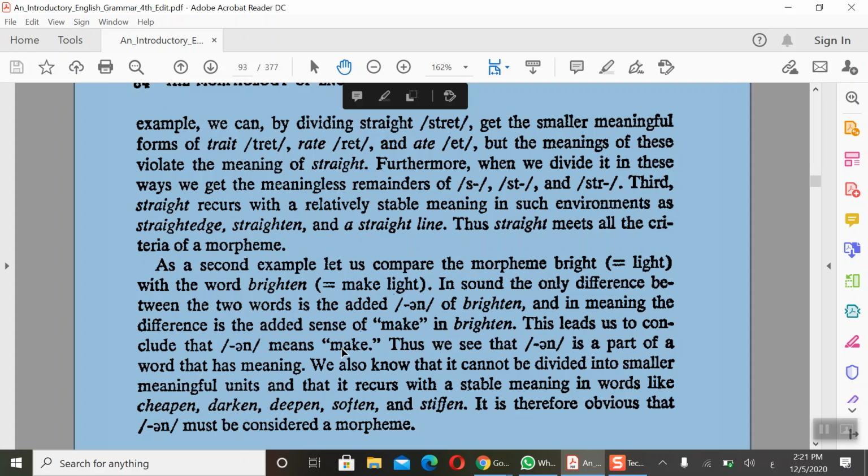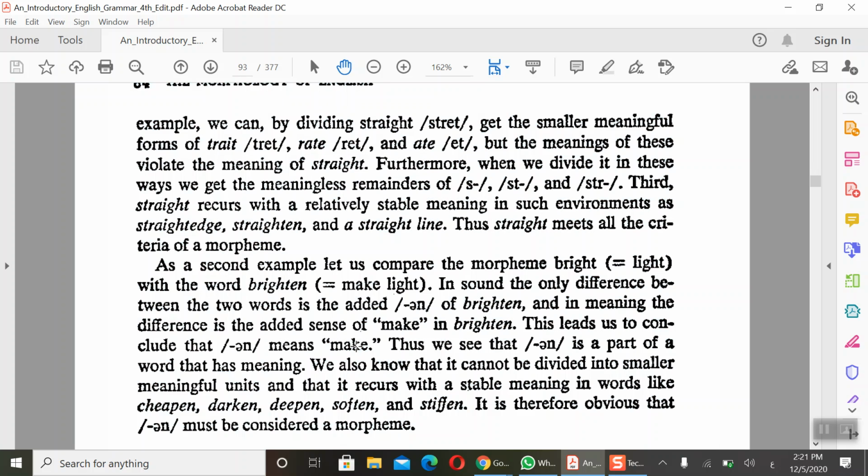So number one criterion: a morpheme is a word or part of a word that has meaning. So en is a word or part of a word. If en stands alone, it forms nothing, it is meaningless.